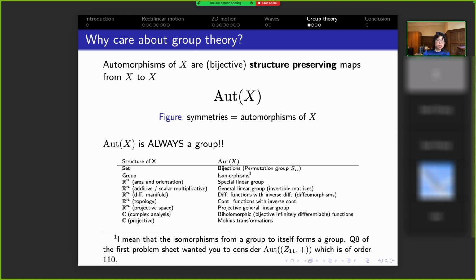With a set, what do I mean when I say that I preserve the structure of a set? What I mean is that I want to talk about injective and surjective functions, and that for a set is going to be the set of bijections. The reason we want to think about injective and surjective functions is that they don't really alter the structure of the set. They can't do any permanent damage to the set.